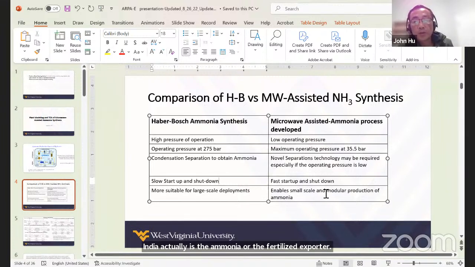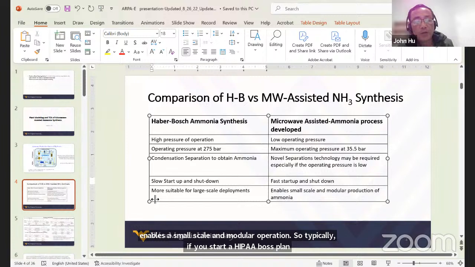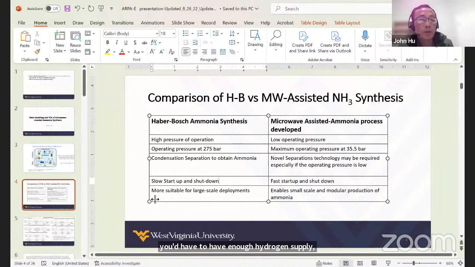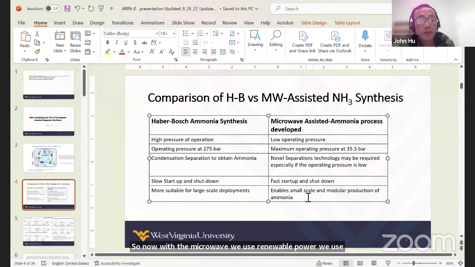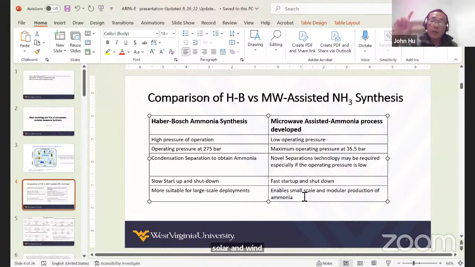The microwave approach enables small scale and modular operation. Typically, if you start a Haber-Bosch plant, you have to have enough hydrogen supply, either from coal or, in the United States, natural gas. Now with the microwave, we use renewable power, solar and wind, so we are dealing with a small scale. Remember the case study? I had the class calculate for a 100 megawatt solar or wind farm how big a plant you can sustain.